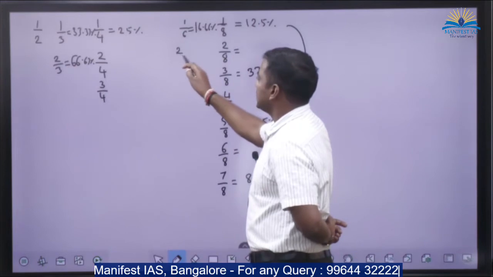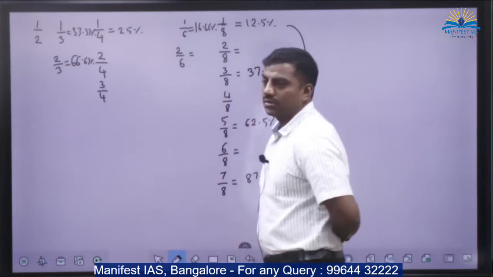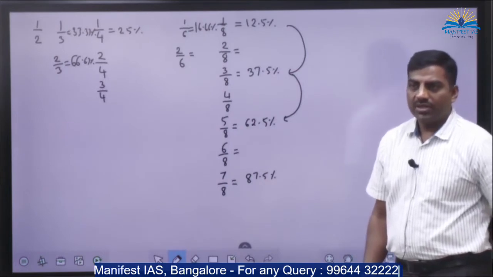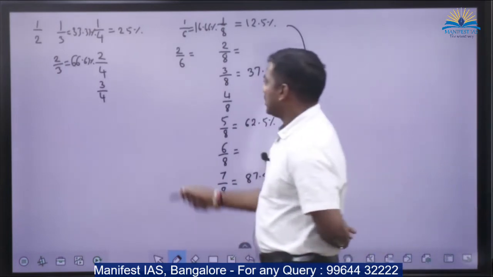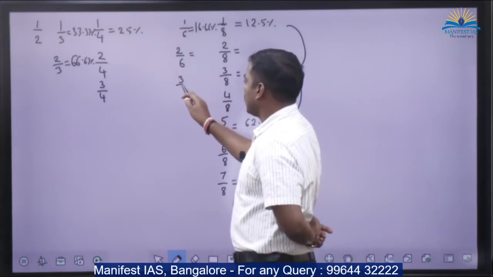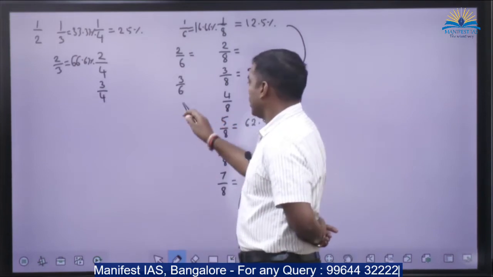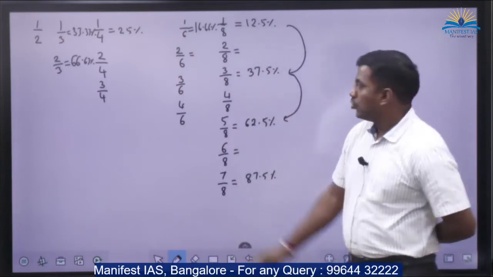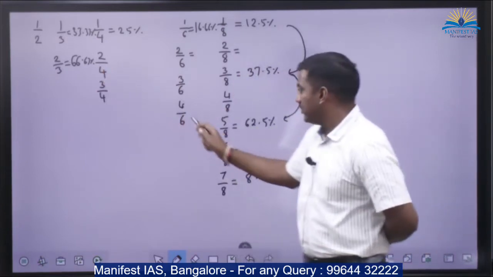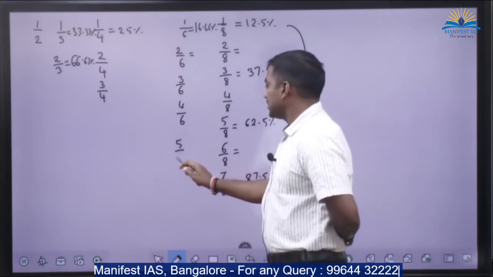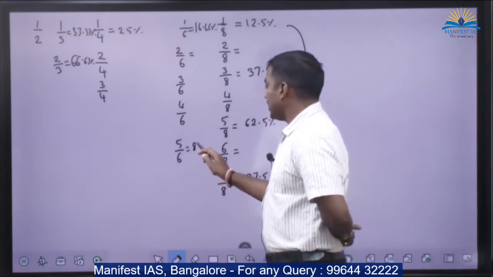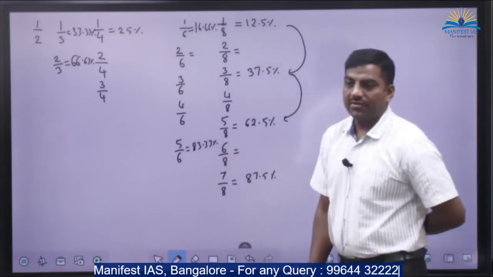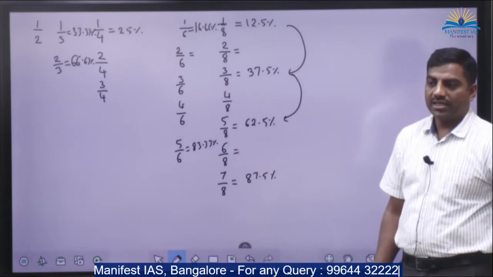What about 2 by 6? 1 by 3 only, 33.33%. Then 3 by 6, what is it? Half. 4 by 6 is nothing but 2 by 3 only, 66.67. Then 5 by 6, this is important: 83.33.